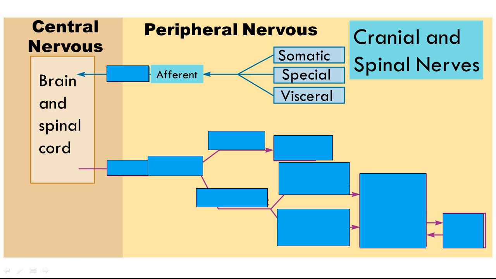So let's tie into what we studied in lab last week. If I have nerves that can detect somatic sensations, what do those somatic afferent nerves need? Receptors. If I want to detect light in my special senses, I need light receptors. So all of these nerves would have specialized receptors on them.